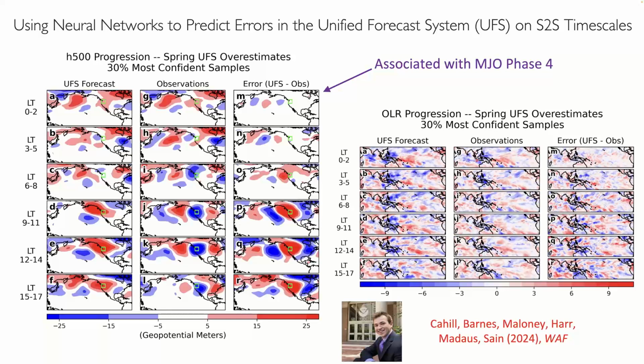Whereas if you look at observations, the observed tropical convective state is much more transient and tends to be associated with weaker convection anomalies that propagate off towards the east much more rapidly.